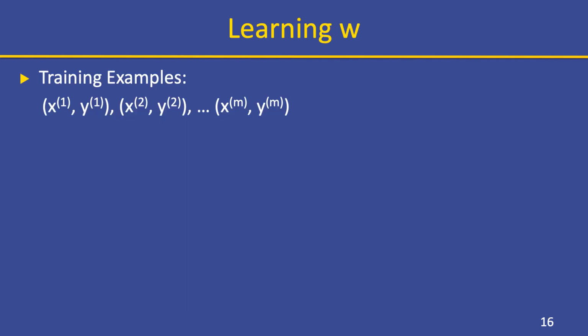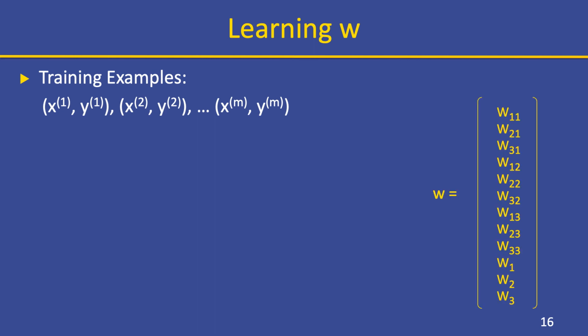Now we still have to learn the weights from our training data. So let's say we have m training examples, x1 through xm. Each training example has a training label associated with it. So y1 through ym are our training labels here. Our weight vector contains all the weights associated with all the perceptrons in our network.